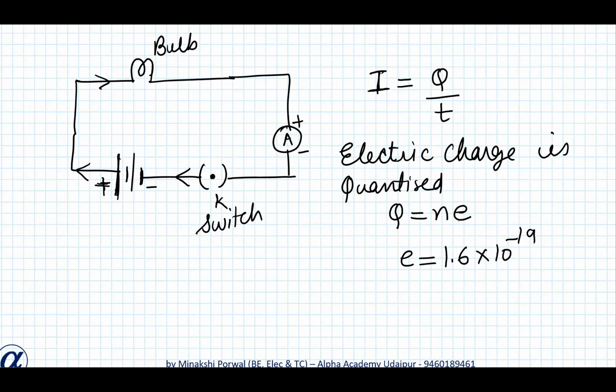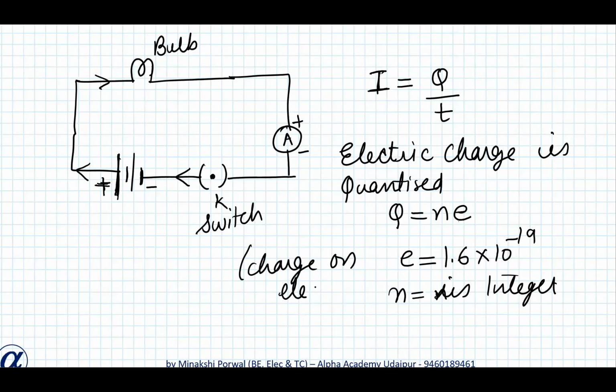So Q will always be a multiple of this number: 1.6 into 10 to the power minus 19 multiplied by n, where n is any integer. And e is the charge on an electron. It is 1.6 into 10 to the power minus 19 coulomb.